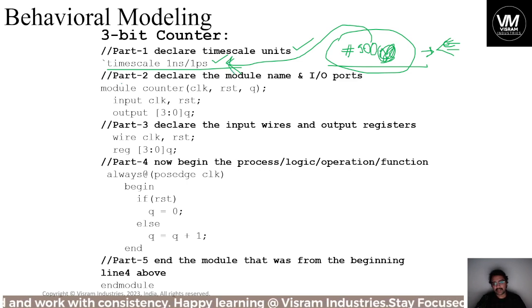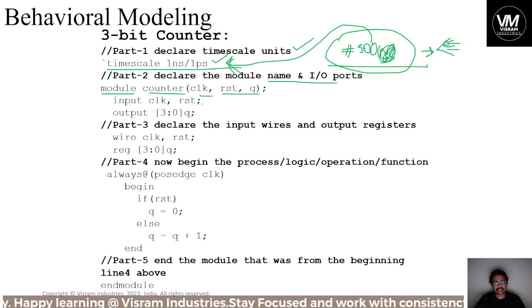And coming to part 2, declare the module name and IO ports. Yes, we are declaring the module name counter, inputs are clock and reset, and output is Q. It is a 3-bit counter, so the output can be 4 bits wide, because if there is another value that you want to add, if that is an empty bit, there will be no issue.